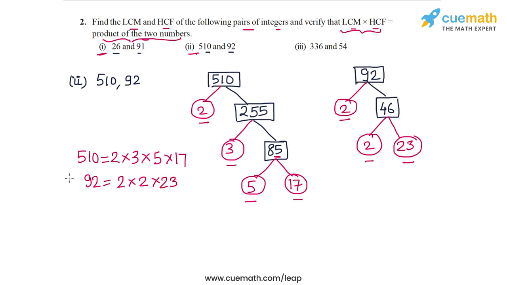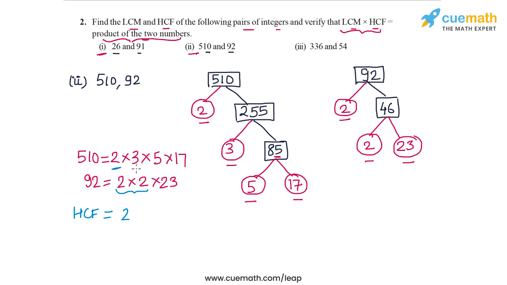Now to find the HCF of these two numbers, we will take the product of the smallest power of each prime factor in the two numbers. So we see that 2 occurs once in the first number and twice in the second number. So in the HCF it will occur once.